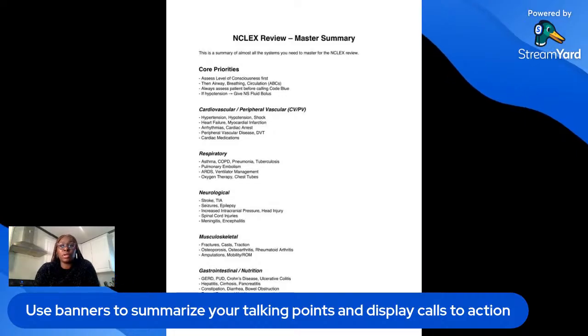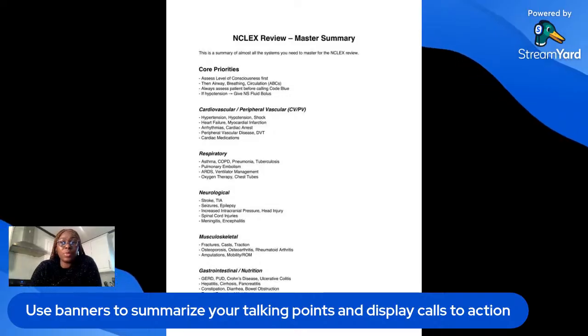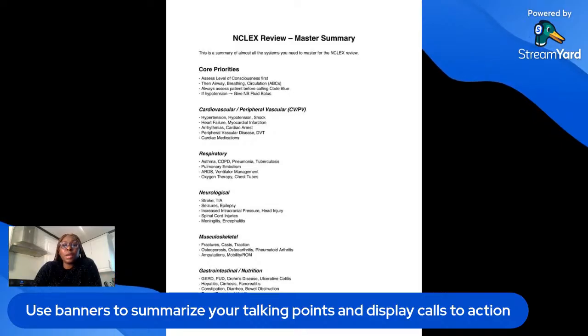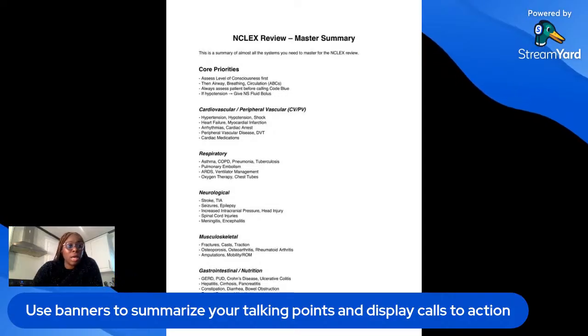So, like I said, for respiratory, we have asthma, COPD, pneumonia, tuberculosis, pulmonary embolism, ventilator management, oxygen therapy, and chest tubes. Then for neurology, we have stroke, seizures, epilepsy, increased intracranial pressure, head injury, spinal cord injury, meningitis, and encephalitis.